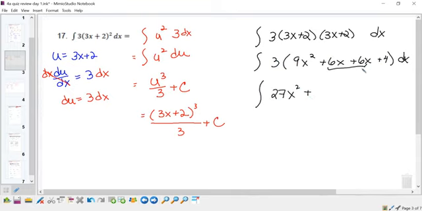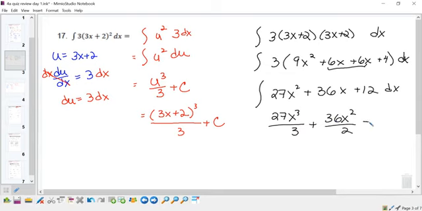Oh, this is 12. And distribute the 3. And now you could do the power rule. And simplify.